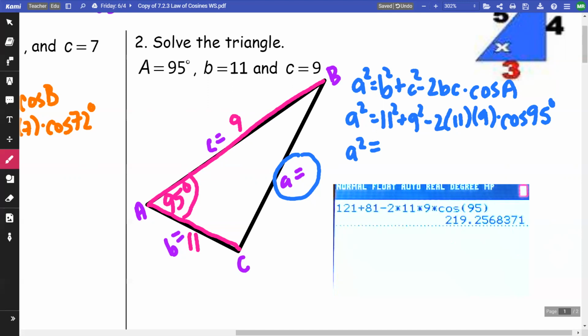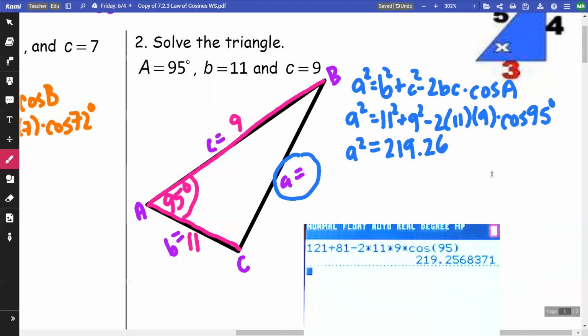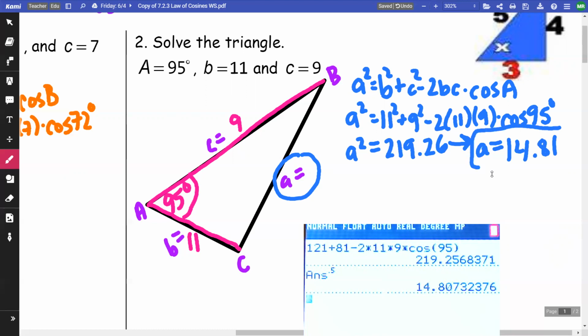And I get 219.26. Now again, this is A squared. I want A, so I'm going to take the square root of that, or raise it to the 0.5 or 1/2. That's the same. So I end up getting 14.81 for side A.